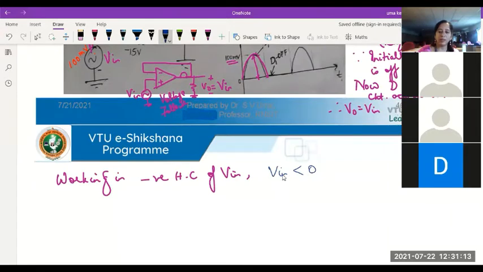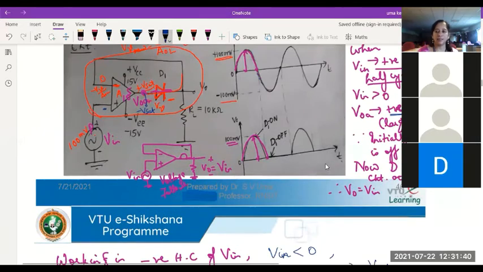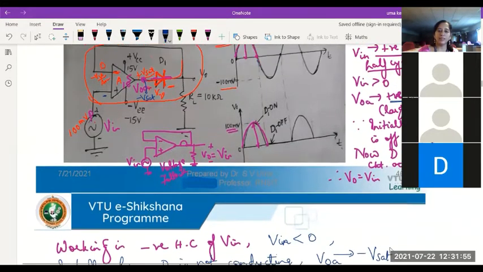So when Vin becomes less than 0, initially, when D is not conducting, the output of the op-amp moves towards negative saturation. Remember, comparators we studied in module 4 tell us the possible output voltages of an open loop op-amp are either positive saturation or negative saturation.